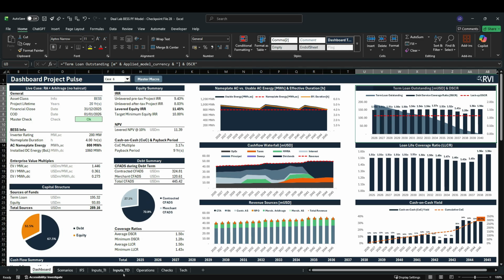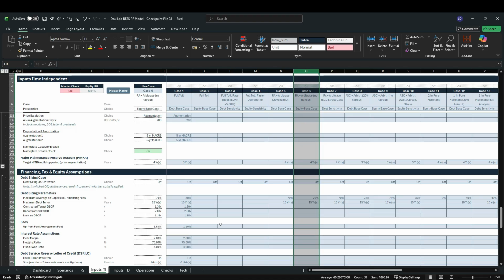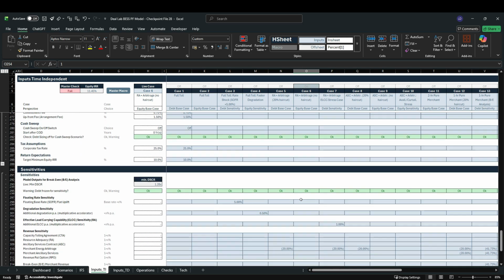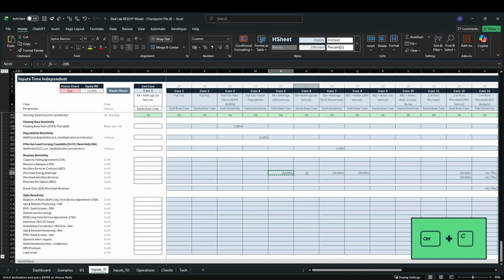Now, the second way you can implement our debt schedule is we delete this input right here, and then we move back to the inputs time independent sheet where we turn on our debt sizing, and then we will copy and paste our merchant energy arbitrage haircut.